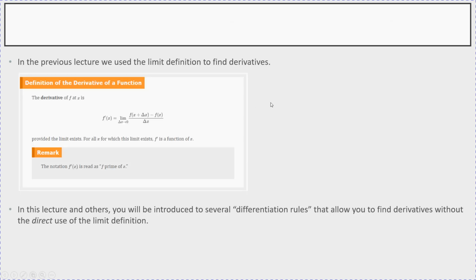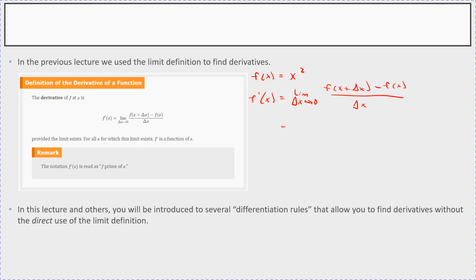Okay, so in the previous lecture, this is what we did. We used the limit definition to find derivatives. For example, one of the common problems we worked: f of x was equal to x squared. And we said f prime of x was equal to the limit as delta x goes to 0 of f of x plus delta x minus f of x all over delta x.